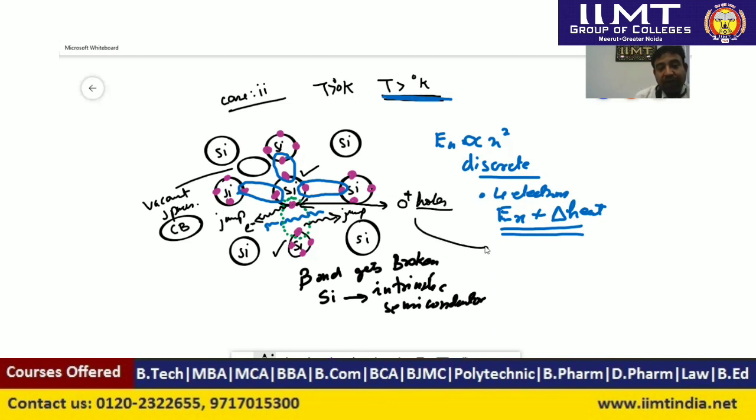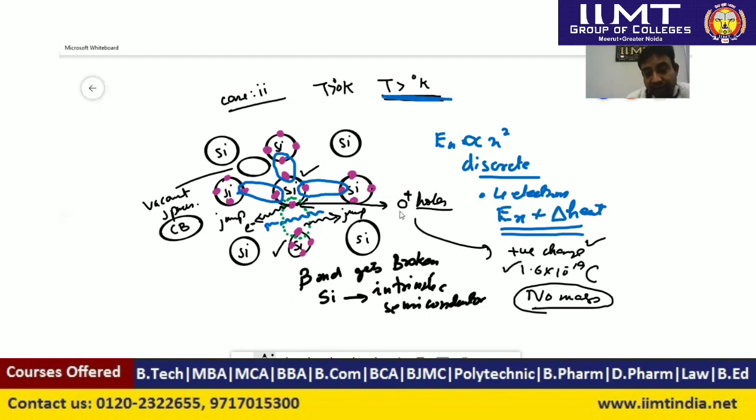Its properties are positive charge, equal to the charge of an electron, but no mass. This is a very important parameter. It has no mass, only positive charge, and its value is equal to the electronic charge.